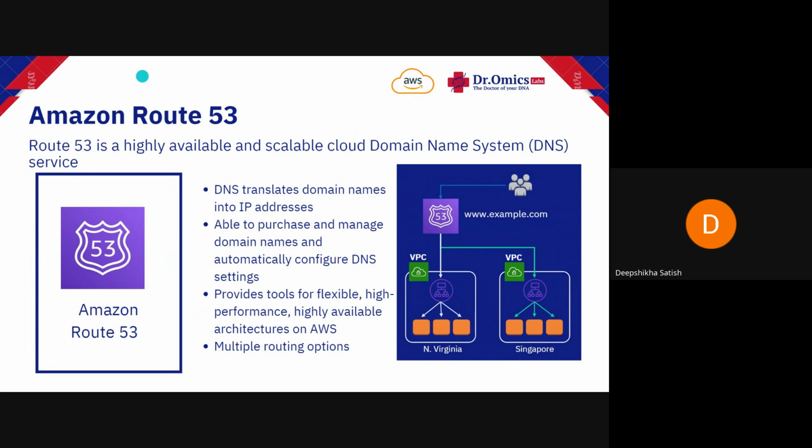Then this is DNS. You can see here DNS stands for domain name system. The domain name system is a global network system that translates human-readable domain names into IP addresses that computers use to transfer data to each other on the internet.